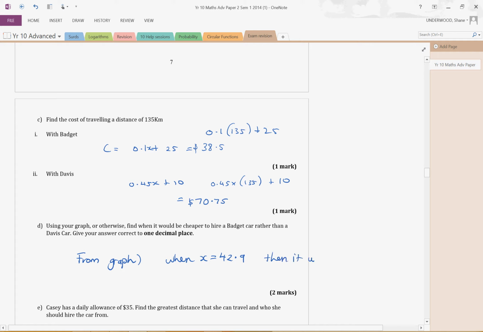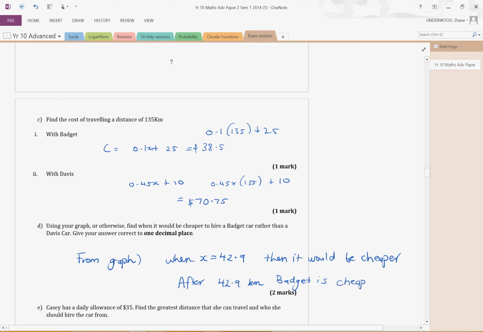But what does x mean? So what we could say is, therefore, after 42.9 kilometres, you need to interpret it. You need to say that Budget is cheaper.